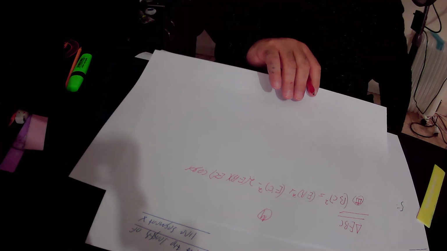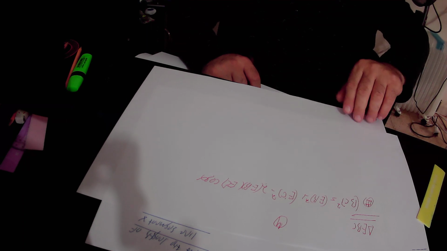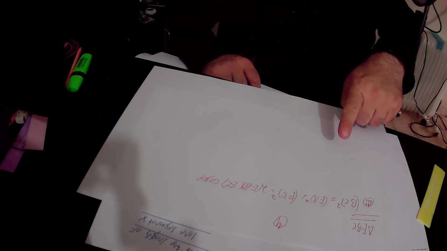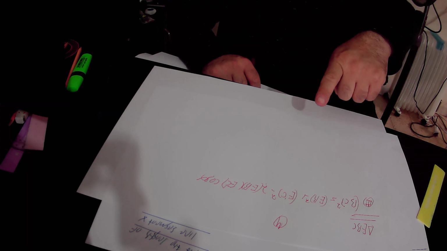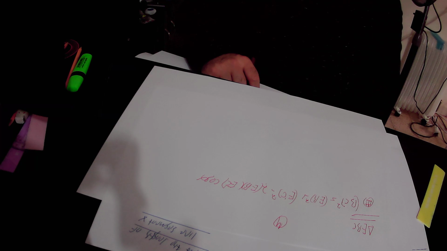I will repeat again. If we implement the law of cosines in the triangle EBC, we get that BC squared equals EB squared plus EC squared minus 2 times EB times EC times cosine alpha.